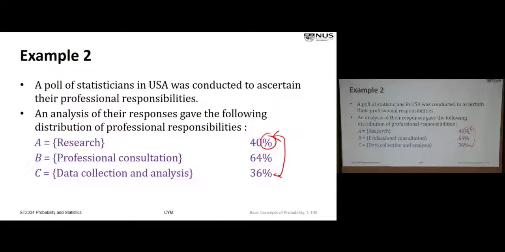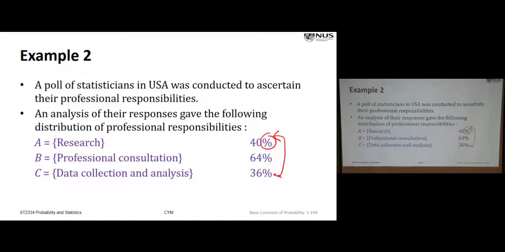What I mean is that A, B, C, these three groups are collectively exhaustive. That means any statistician must belong to one or more of these three groups.